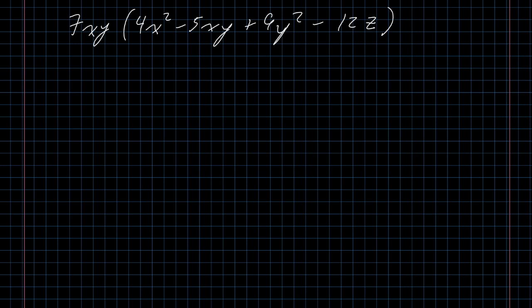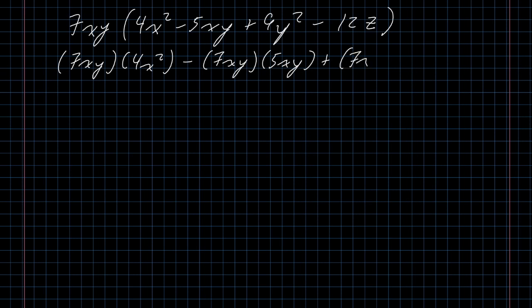More variables, but we can still use the rules we already know. So we will have 7xy times 4x squared minus 7xy times 5xy plus 7xy times 9y squared minus 7xy times 12z. Sorry, I'm running out of screen space.